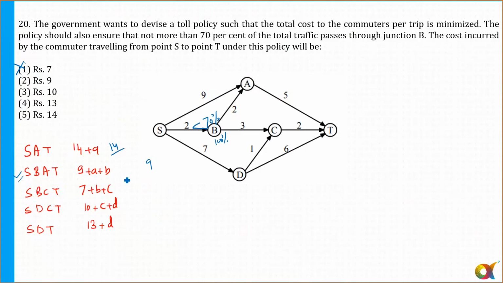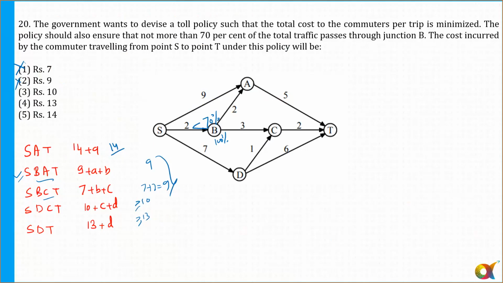If I put A as 0, in this case 9, when A is equal to 0, here at B is 0. And here I can say this can be 7 plus 2, 9 also. But here it will be 10 and here it will be minimum 13. So in that case also, it is passing through SBAT or SBCT. So can I say in that case also, if the cost is rupees 9, 100% of the traffic is flowing through B? In both the cases, it is passing through B. So all the 100% of the traffic is passing through B. So that is not possible.